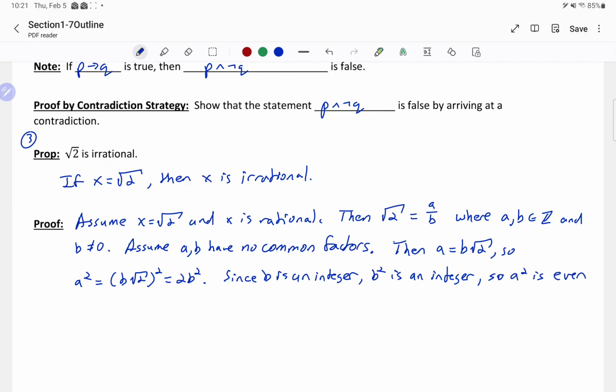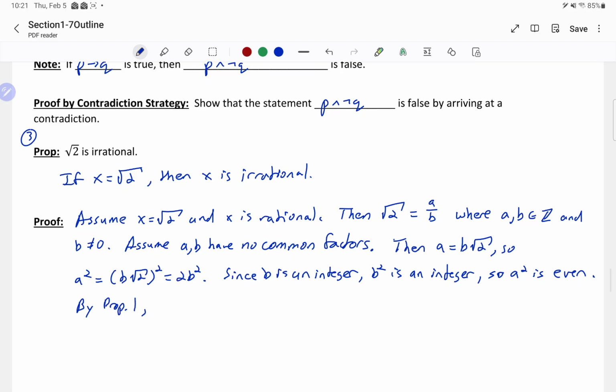But we just showed in that first proposition, right? That first proposition we showed by proposition 1. Since A squared is even, A must be even. Right? So we proved that.